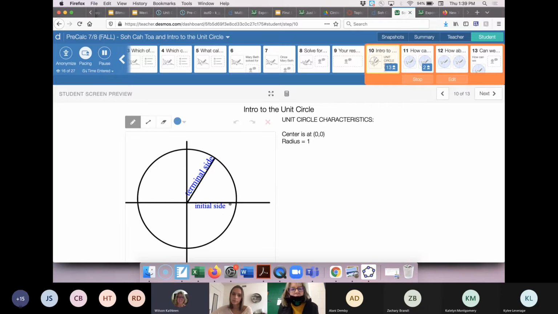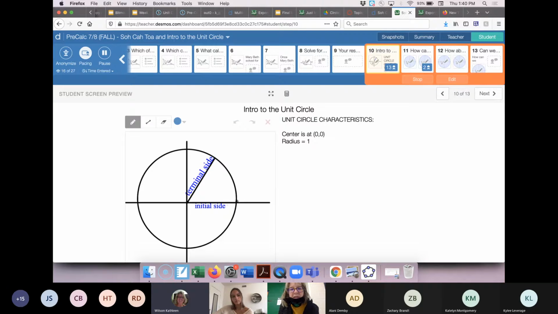Okay? All right, so we can make all kinds of angles inside of here, but we say that the angles obviously have two sides, an initial side and a terminal side, right? The initial side is always this positive x-axis. This is where the angle initiates or starts.